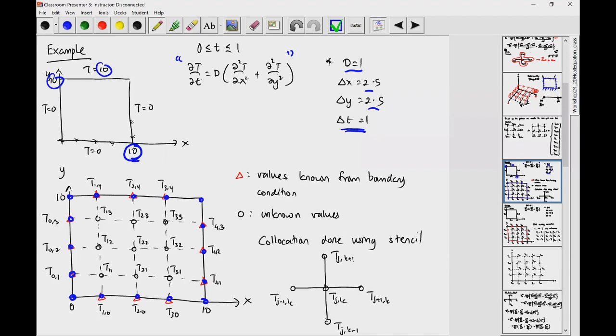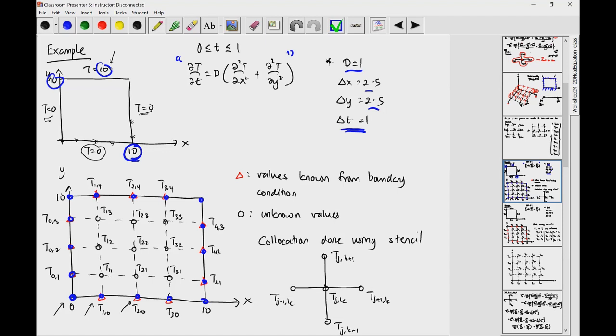For example, at the bottom boundary, all the temperatures at these points are known and given by a value of 10. At the vertical boundaries, sorry, they are given by 0, and on the top horizontal boundary, you have a value of 10. So everything you see with the red triangle is already known from the boundary condition.